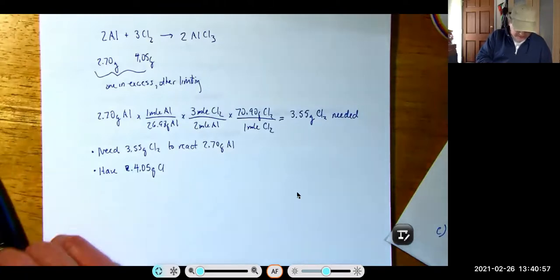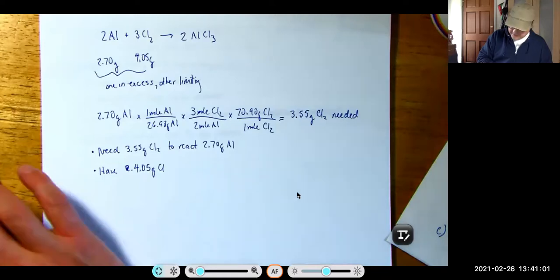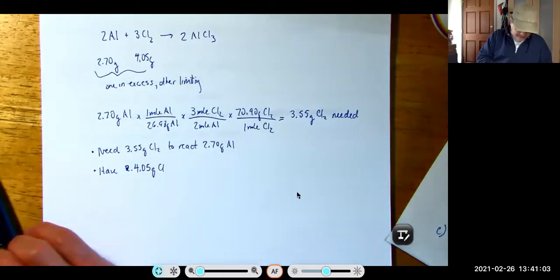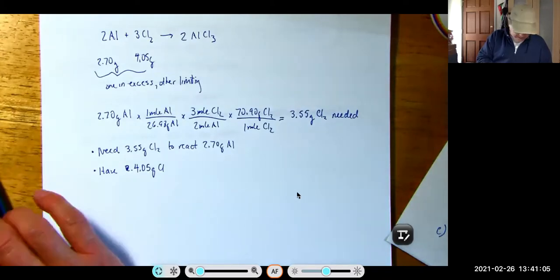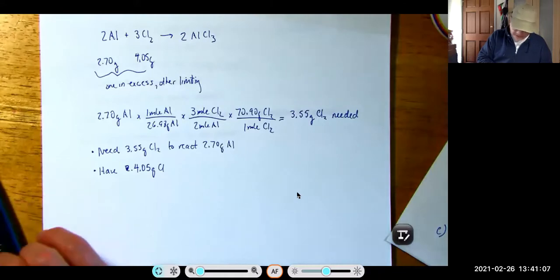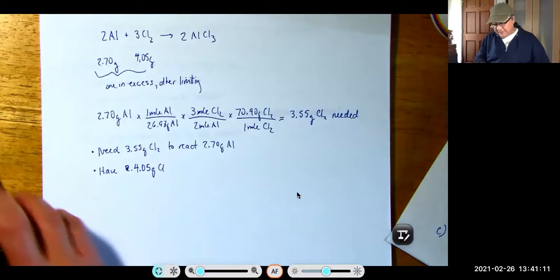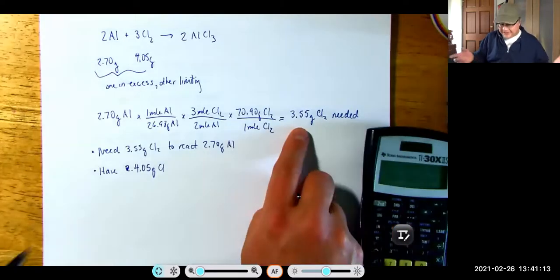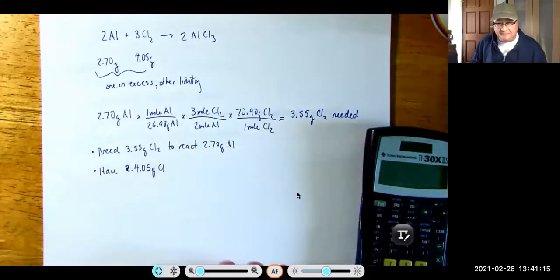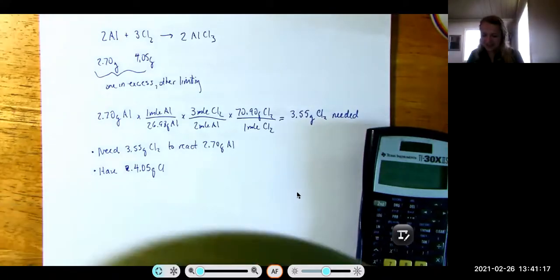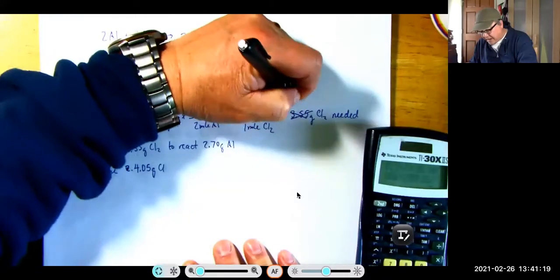So 2.7 times 3 times 70.90 divided by 26.98 and divided by 2. Yep, this number is not correct. See, this is what happens when you don't estimate. So I get 10.6 grams of chlorine.